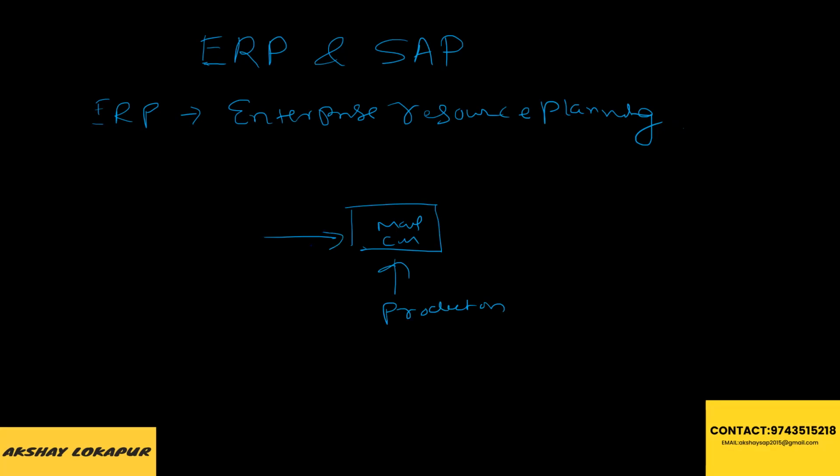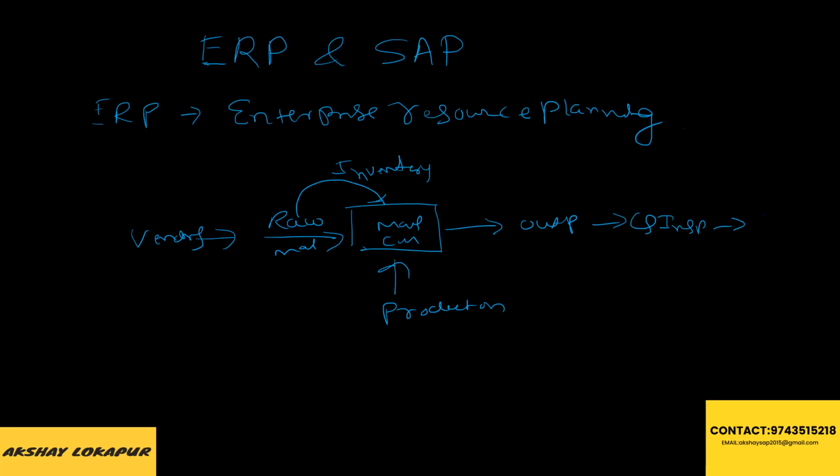To do the production we require raw materials, and for raw materials we need to engage vendors, maintain the inventory, then output, quality inspection, and finally we sell the material. These all processes take place.